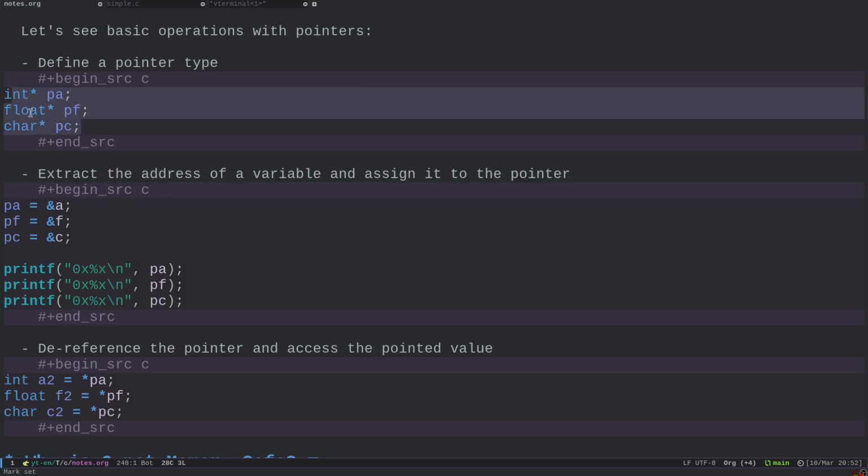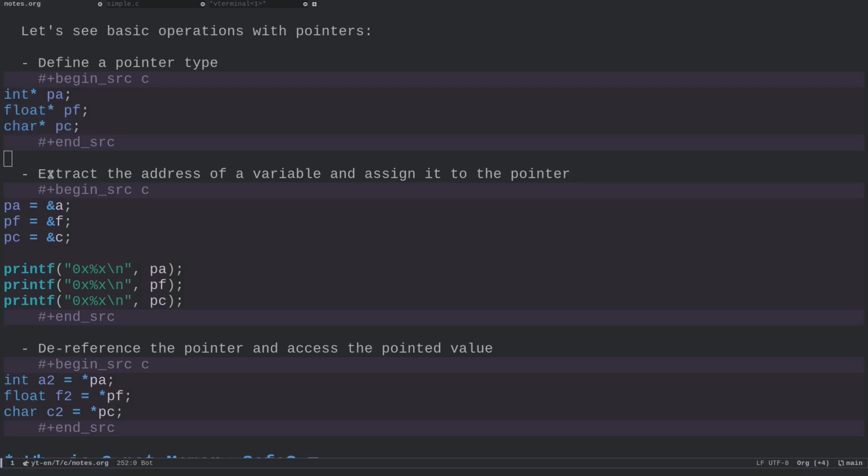So this is how we do it. We just take the base data type and we add an asterisk. And with this, we define a variable whose value is going to be the address of another variable. In the case of a pointer to integer, it's going to be the address of an int variable. In the case of a pointer to float, it's going to be the address of a float variable. In the case of a pointer to char, it's going to be the address of a char variable.